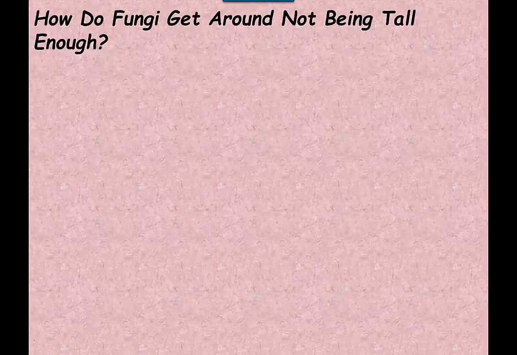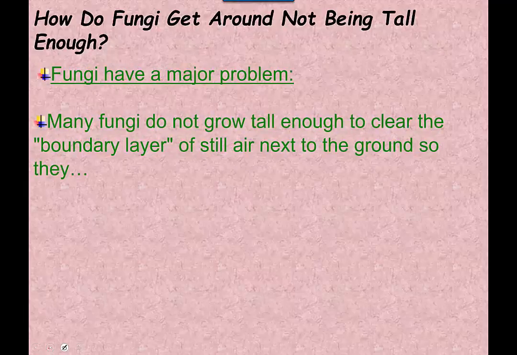So how do fungi get around not being tall enough, really, like a tree that they're typically found near, in order to get the sunlight that they may need or in order to defend themselves against other organisms? Well, this causes them a major problem.